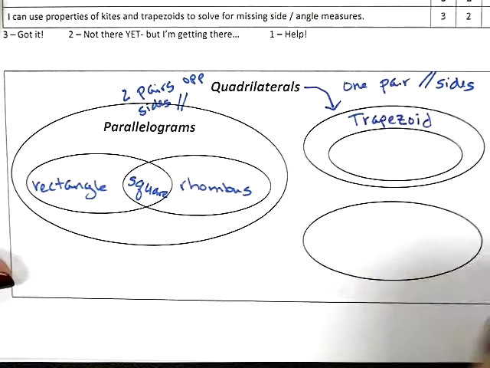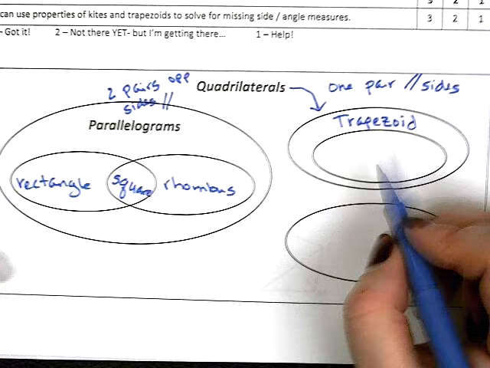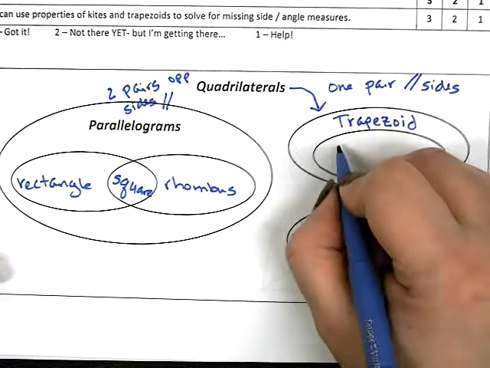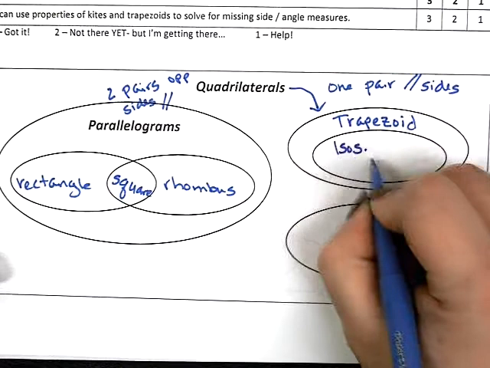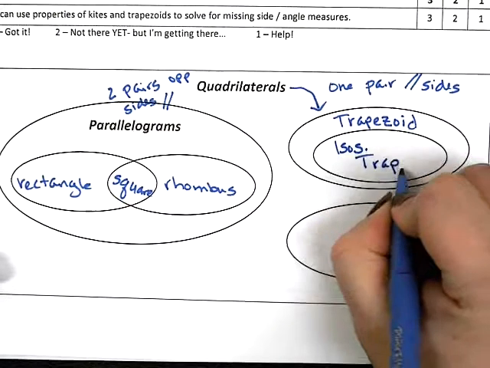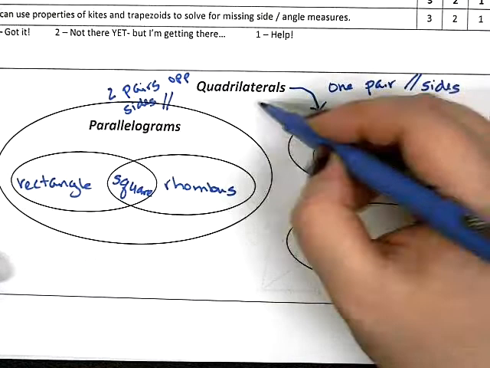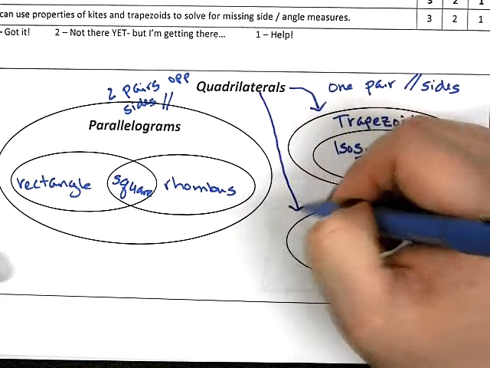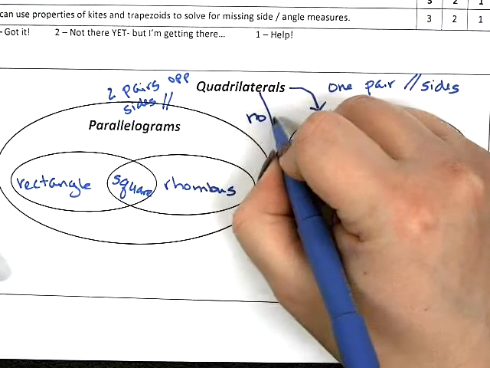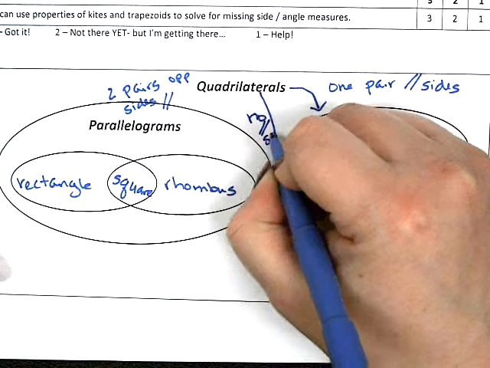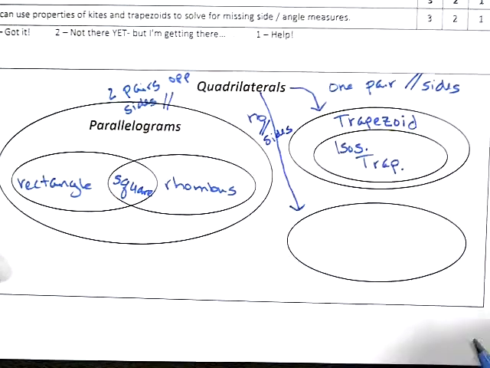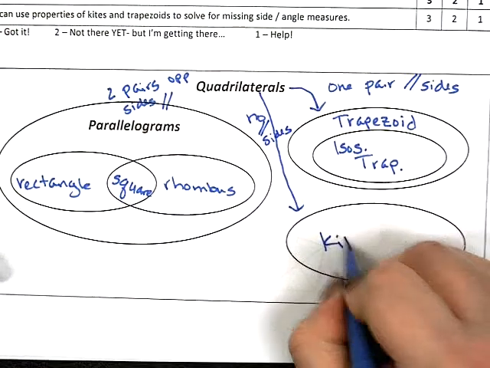All right, and then sometimes we've got special trapezoids when the legs are congruent. We call that an isosceles trapezoid. Okay. Then we've got quadrilaterals that have no parallel sides. All right, if they've got no parallel sides, that's what we call a kite.